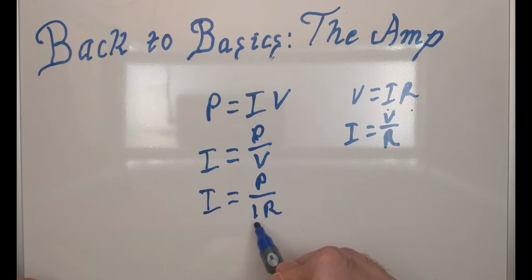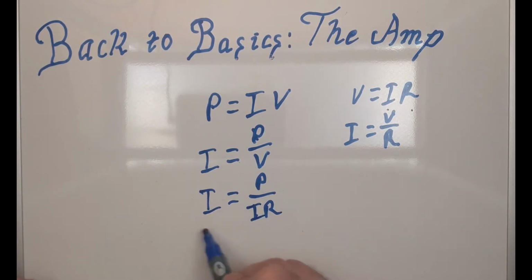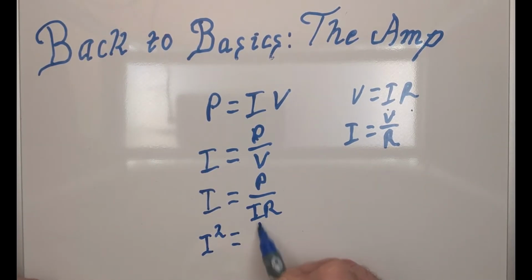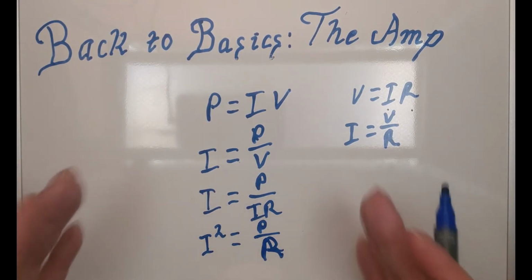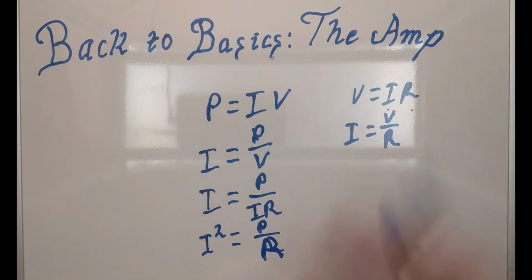You multiply both sides by I, so you get I squared equals power over resistance. And then you just continue using your algebra to solve.